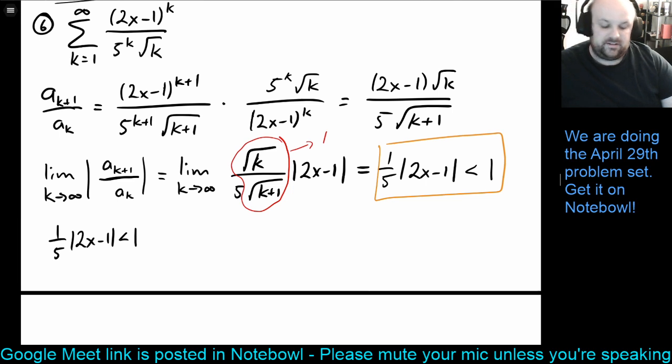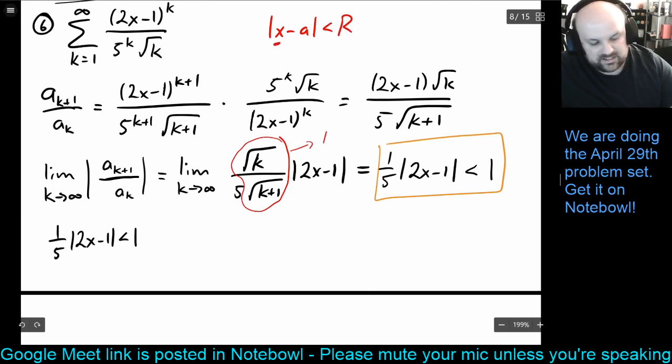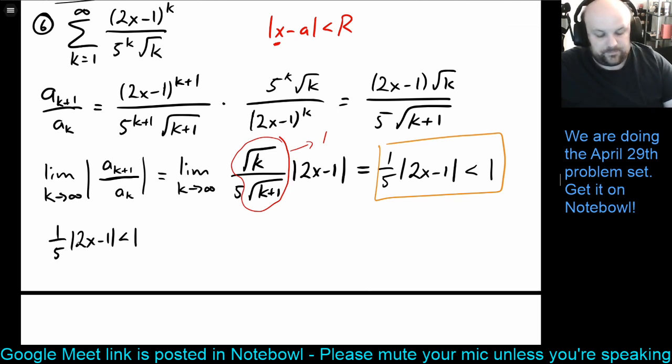So the way we have to do that is, remember the most important thing: if we have absolute value of x minus a less than r, that most important thing was to get this x by itself. So here, we want to factor the 2 out of that absolute value.